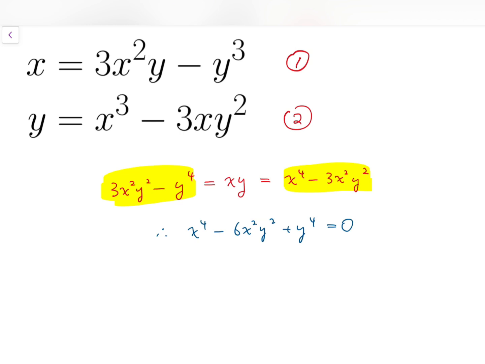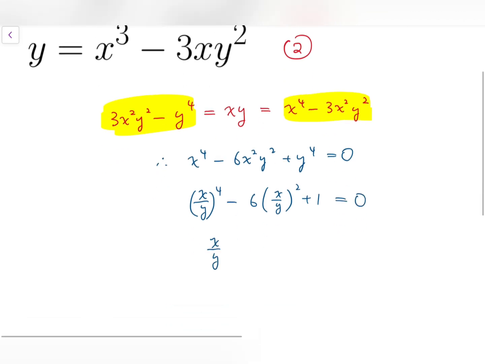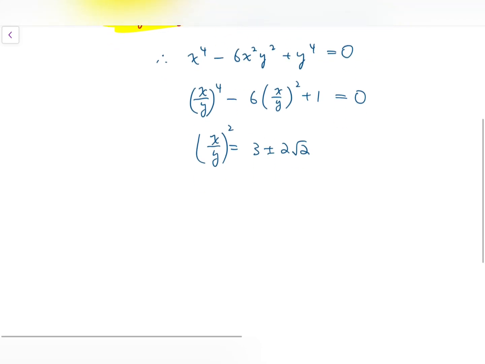And you can solve for the ratio of x and y by looking at this quartic equation. By solving that using the quadratic formula, you have x over y all squared equal to 3 plus or minus 2 times square root of 2, and if you take square root, it is actually root 2 plus 1 or root 2 minus 1.